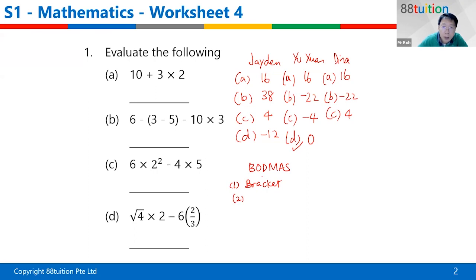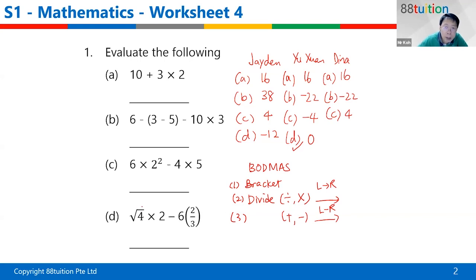Then order, followed by divide and multiply, left to right, whichever appears first. Then the third one will be addition and subtraction, left to right, whichever comes first.